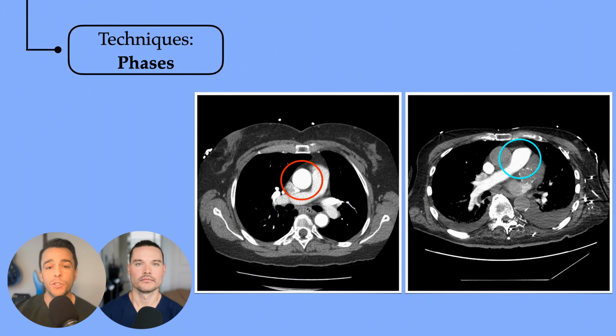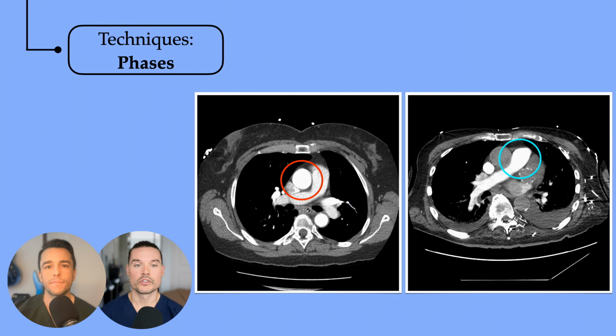And all this is demonstrating is that really bright contrast is being fed to different systems at different timing. So the one on the left is being shot when the contrast is going through the aorta, and the one on the right is when the contrast is being pushed through the pulmonary artery.